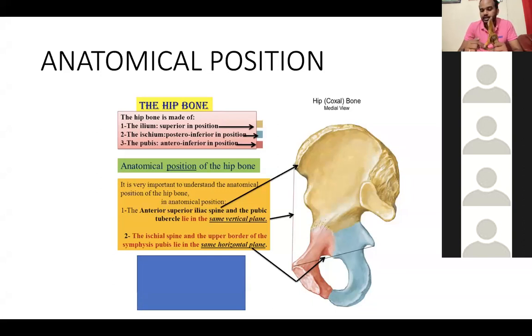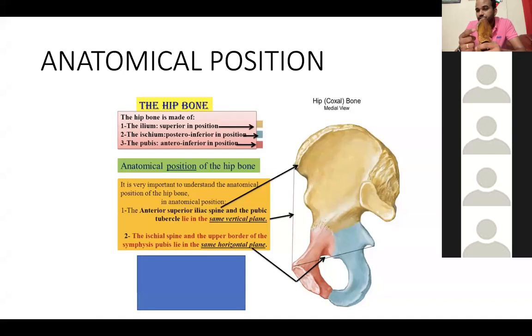So here, to hold the bone in anatomical position, one should know what the anterior superior iliac spine is. This is the iliac crest. This is the ilium, so this upper convex part of the ilium is called the iliac crest. The anterior end of the iliac crest is called the anterior superior iliac spine.